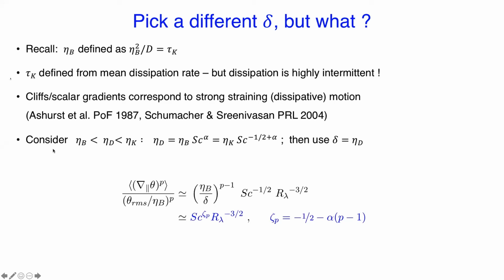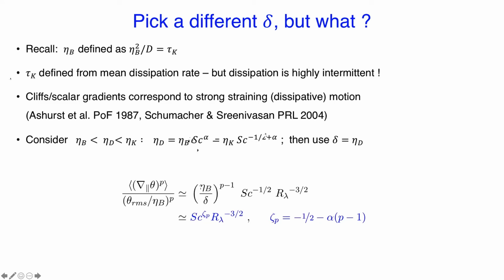So instead, what we will do is define some correction over the Batchelor, and we'll define this eta d for diffusive, multiplied by some Schmidt number to the power alpha. And in terms of the Kolmogorov, it's basically minus half plus alpha.